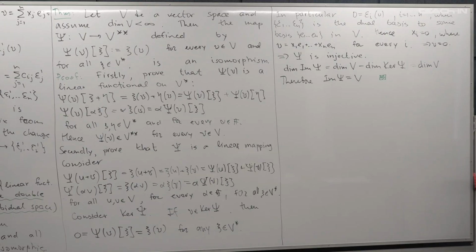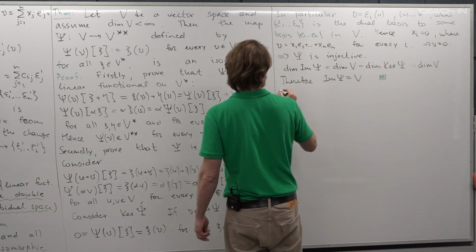And this mapping psi is called the natural isomorphism.